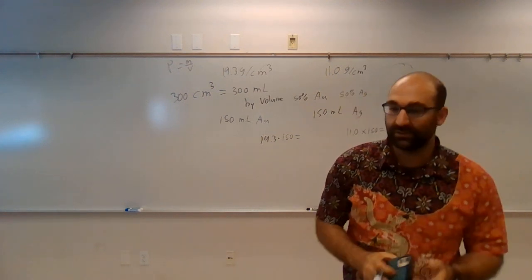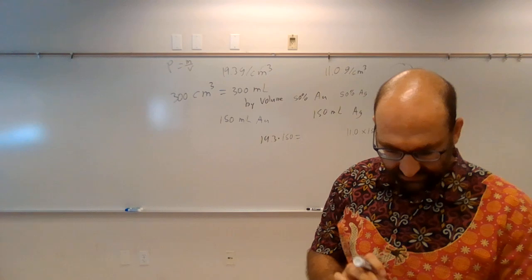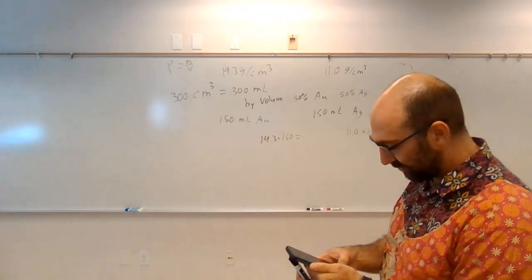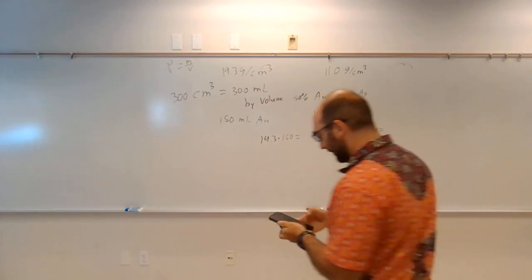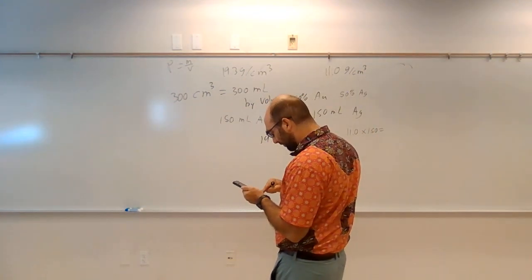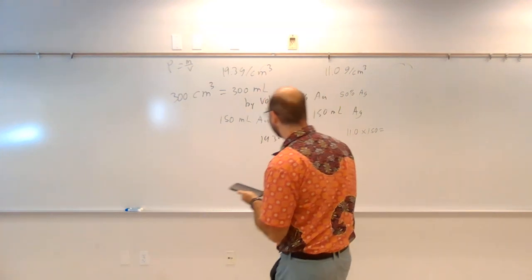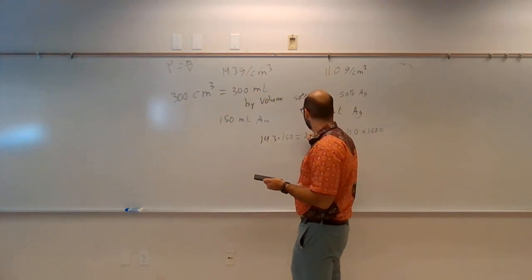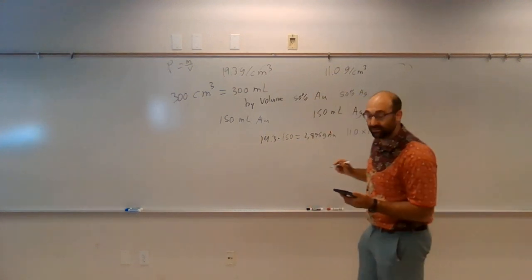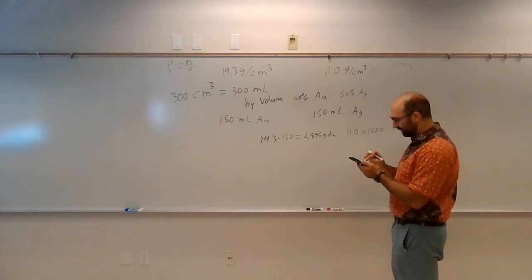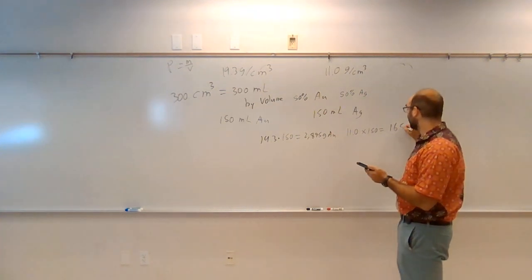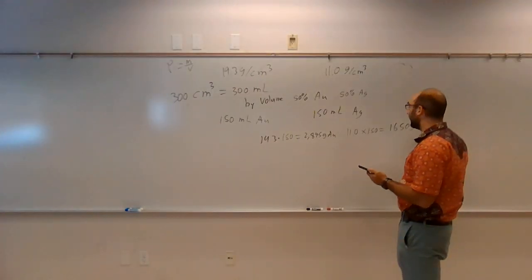I'm going to get my calculator out because I think it's faster. 150 times 19.3. Wow, that's a lot of gold. 2,895 grams of AU. And then 11 times 150 equals 1,650 grams of AG.